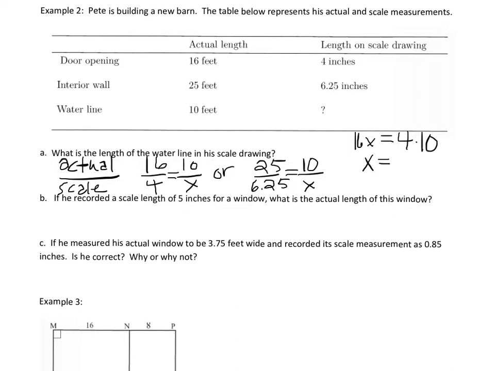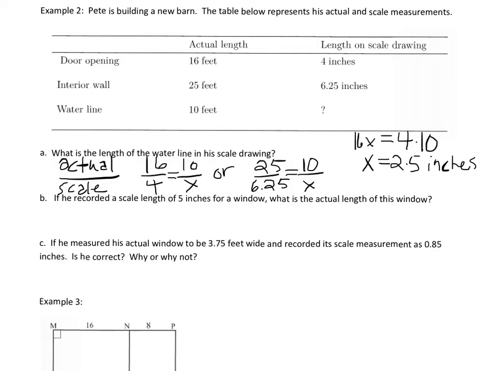And 4 times 10 is 40. Divide that by 16, and I get that x equals 2.5. And so that was when we were solving for our scale length, and so that would be 2.5 inches. So that's how big he should draw it when he's drawing it to scale.